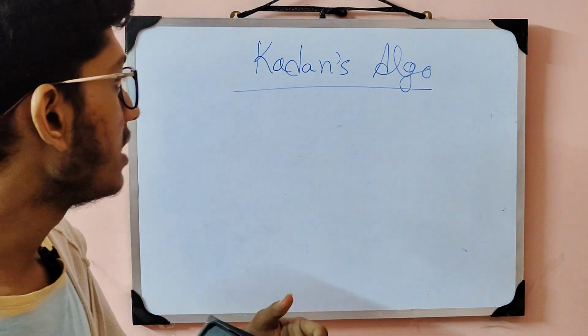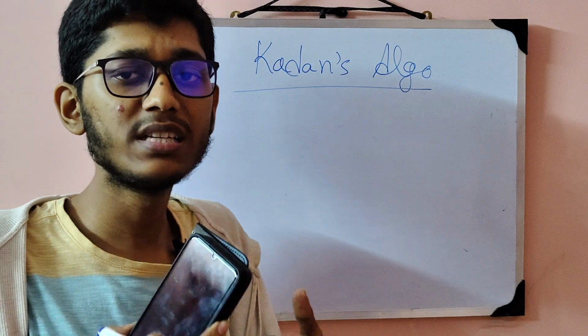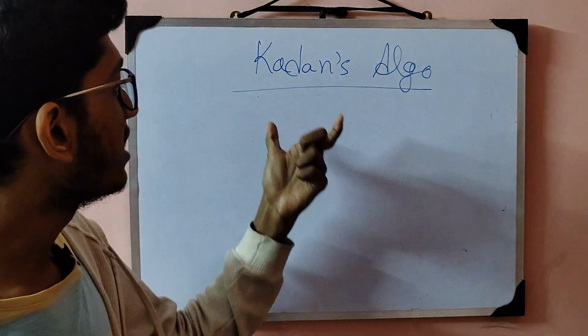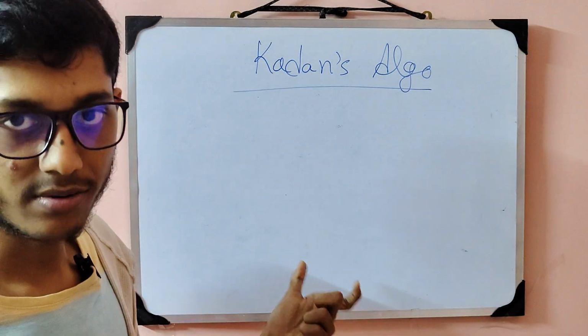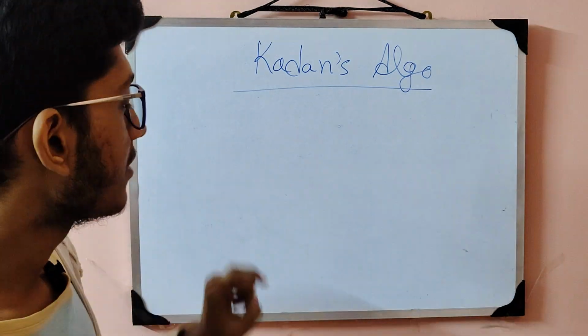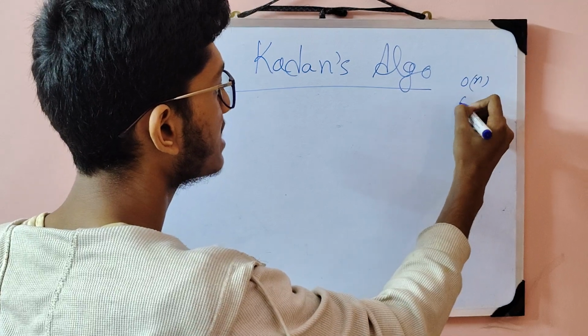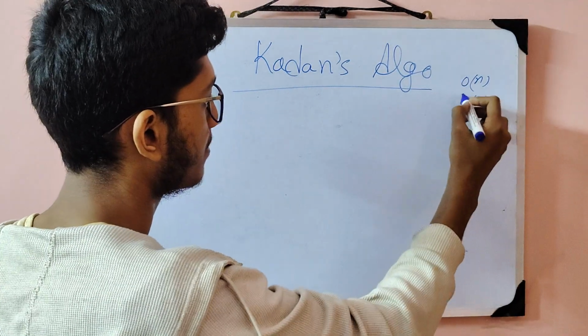You need to use it in different problems by modifying this algorithm. So before modifying this, you need to know the basics, right? And it runs in O(n) time complexity and O(1) space complexity.